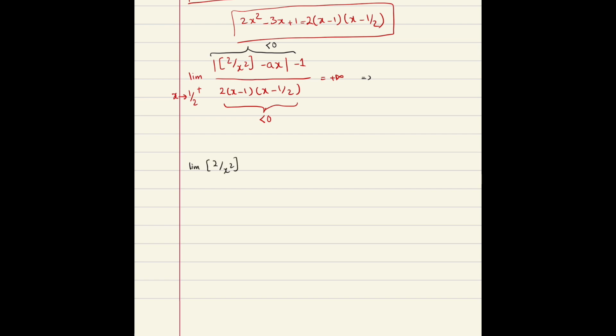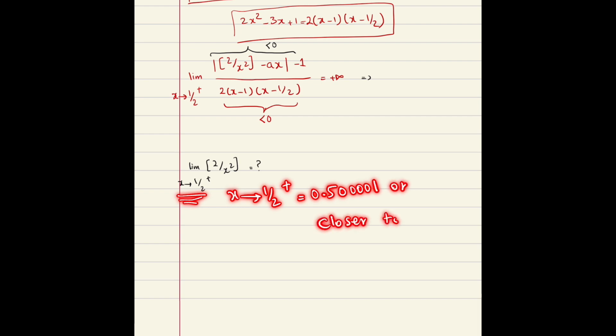But let's see what the answer for the limit of square bracket 2/x⁴ would be when x is approaching 1/2 from the right hand side. As I said, square bracket is equal to the greatest integer less than or equal to the value inside the square bracket. So x approaching 1/2 from the right hand side would be something like 0.500001.